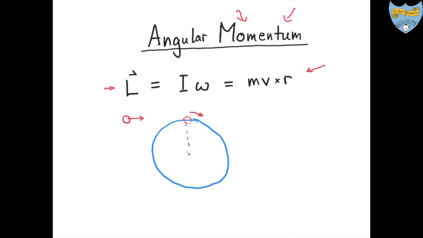The initial angular momentum of the system before the kid lands on the merry-go-round is all right here in the child. But Mr. Errico, the child is not spinning. Okay, that's true, but according to this formula, the child has angular momentum because of where he is going to land on the merry-go-round.